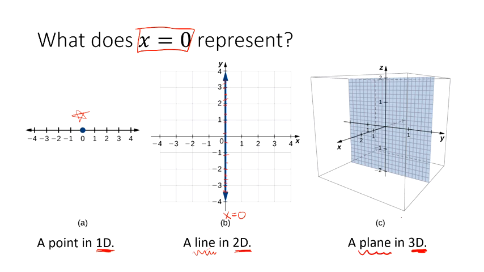Because only x is restricted to be 0, but y can be anything, z can also be anything. So overall we have this two-dimensional space. As long as the x-coordinate is 0, this whole thing has the equation x equals to 0.